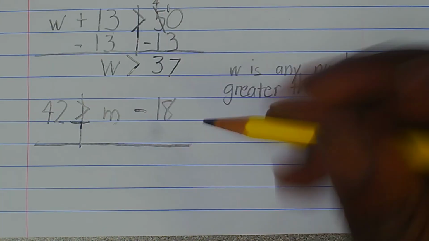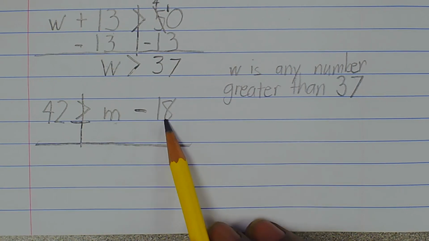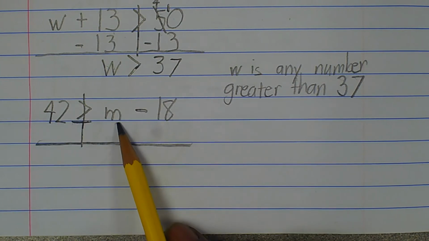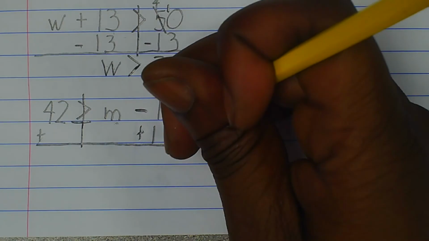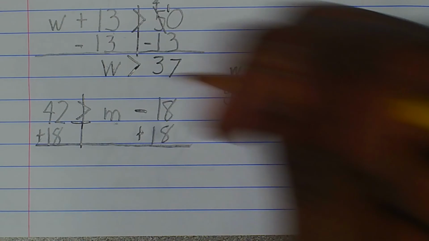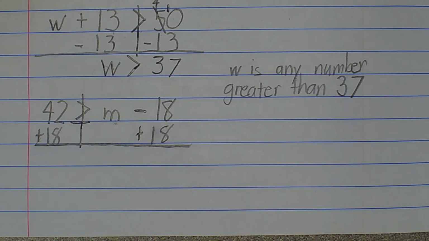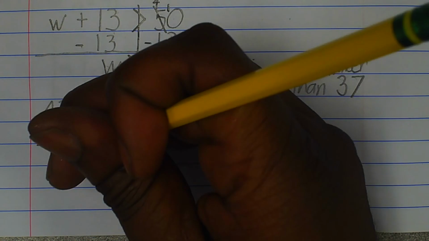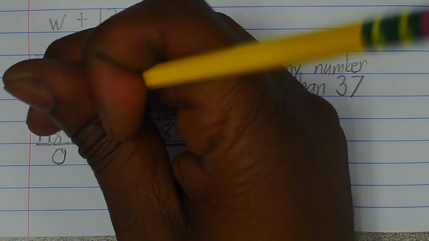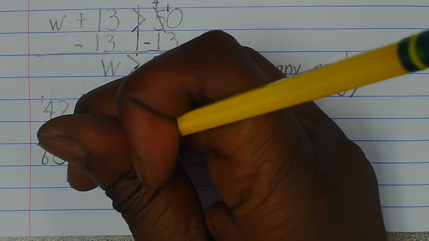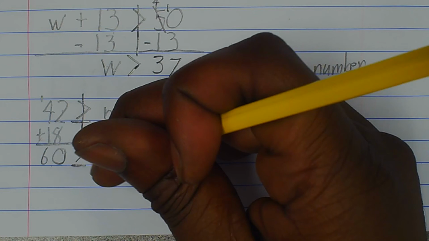We're going to split the inequality down the center. Since we're subtracting 18 from m, we're going to add 18 on both sides. And when we add 18 on both sides, our inequality is going to read 60 is greater than or equal to m.